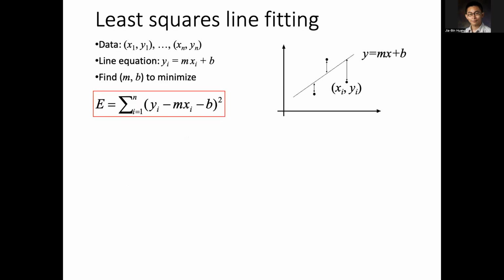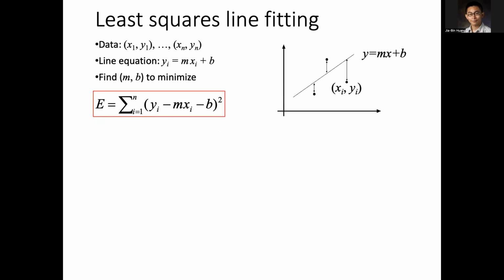Okay. All right. So just a quick recap. The simplest one is that I have a bunch of data points and I want to fit a line that passes through, basically explains, these data points. The simplest approach is to assume that you have an objective function. I have a line equation that's y equals mx plus b, and I want to find what m and b are.